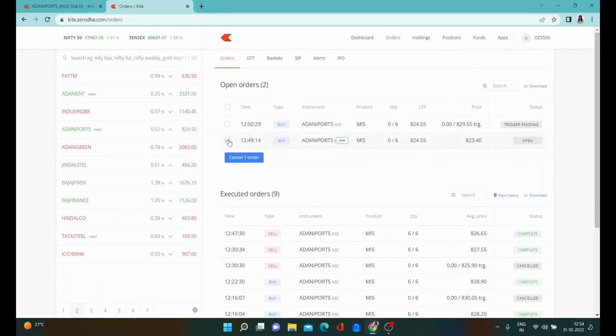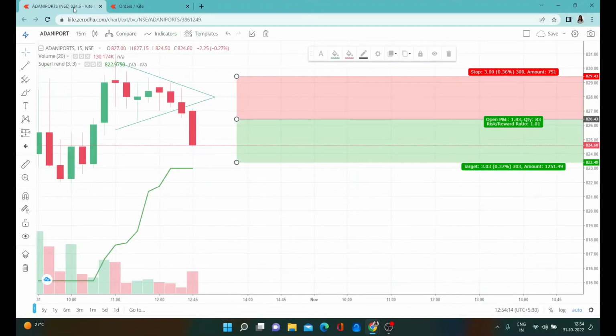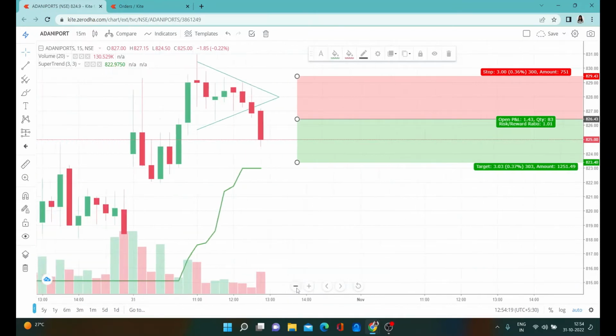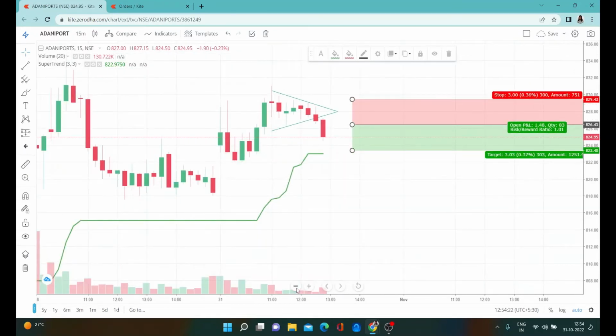Okay. Now, all we have to do is wait for it to unfold. Let's wait and see if my target gets hit. This is my target, 823.4.